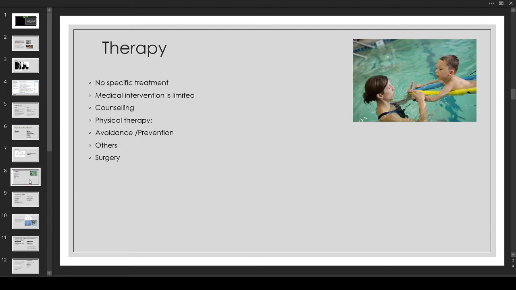Now, in therapy, to say the least, there is no specific treatment, no specific cure for this disease. Unfortunately, that is. But there are some ways to manage or cope with it, such as using physical therapy.